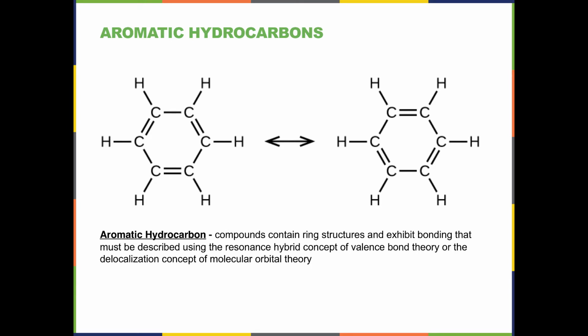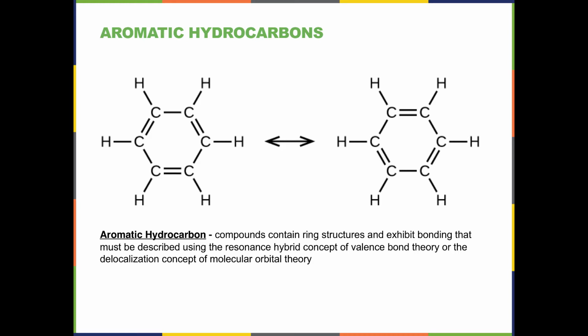So an aromatic hydrocarbon is a compound that has a ring structure and exhibits bonding that must be described by using a resonance structure concept. And there's a delocalization of electrons in this situation.